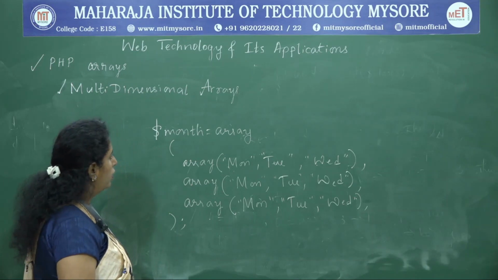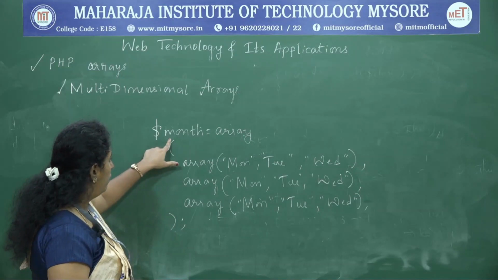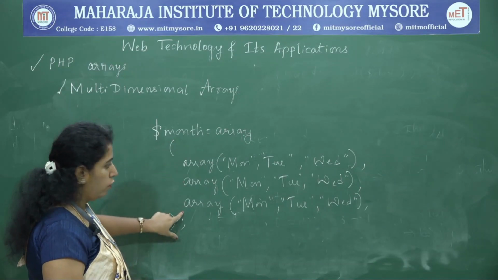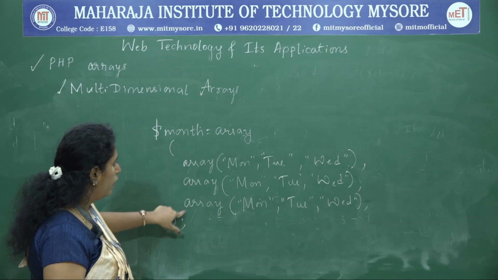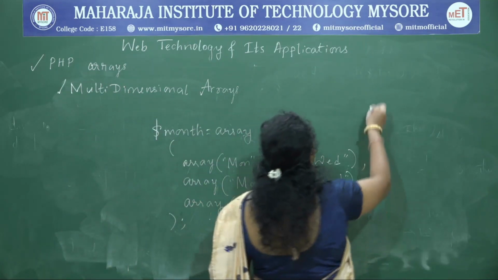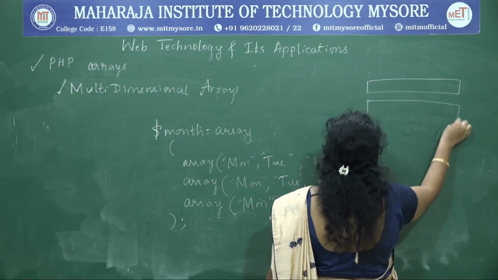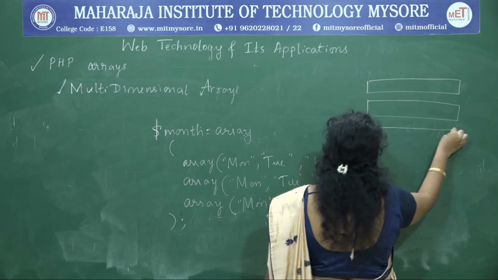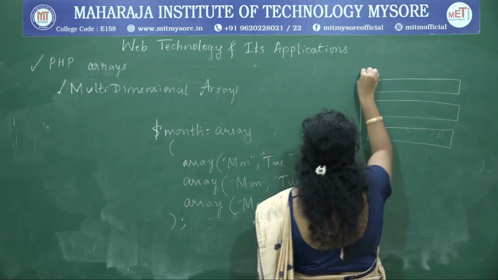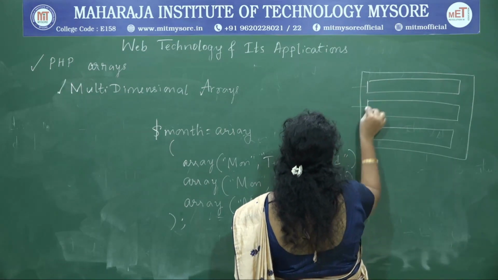See, can you notice how I have created a multi-dimensional array? The array name is month, and how many rows does it have? 3 rows. How many columns does it have? 3 columns. So this is how the given multi-dimensional array can be represented.